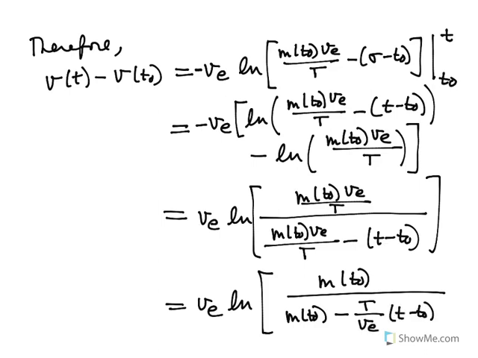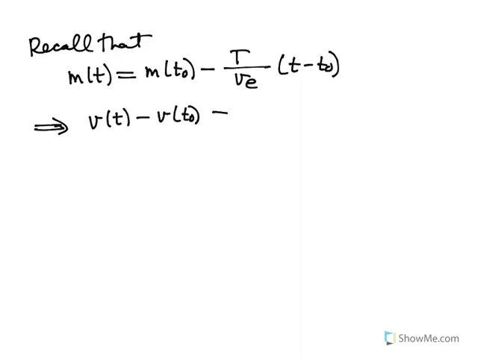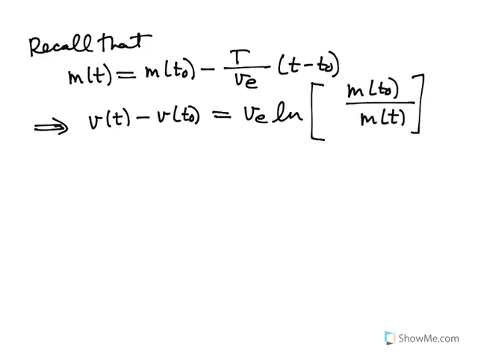times t minus t0. Now, that's a pretty useful result because we can recall that m of t is equal to m of t0 minus t over VE times t minus t0, which gives that v at t minus v at t0 is equal to VE times the natural log of m of t0 all divided by m of t.